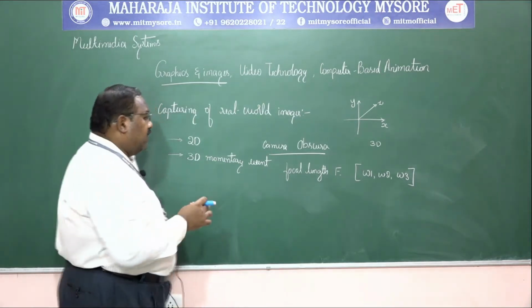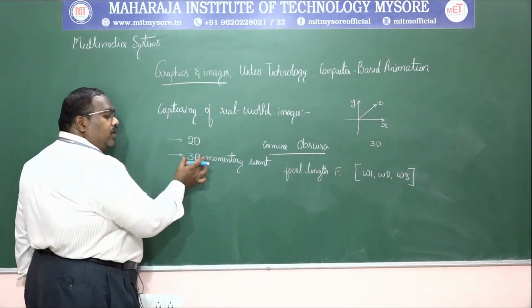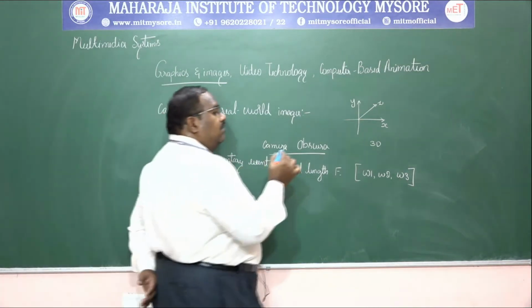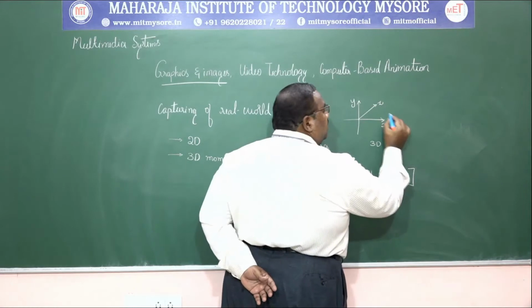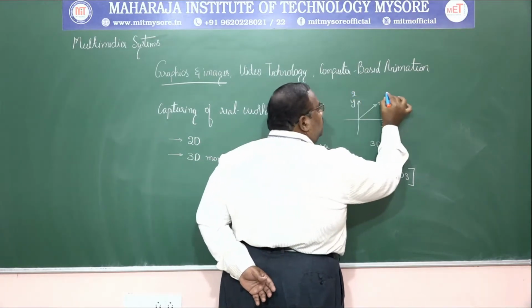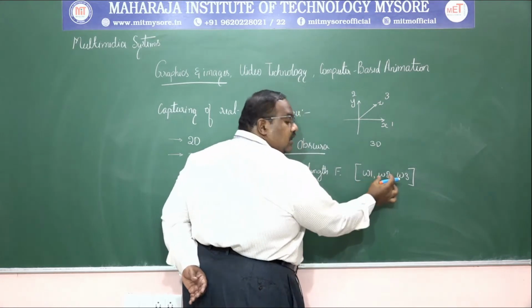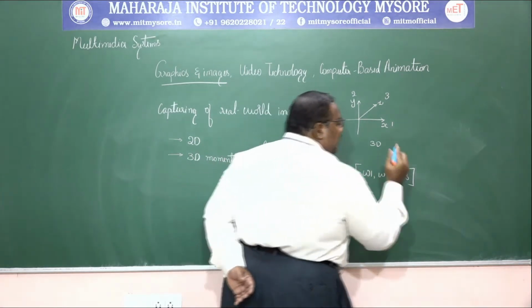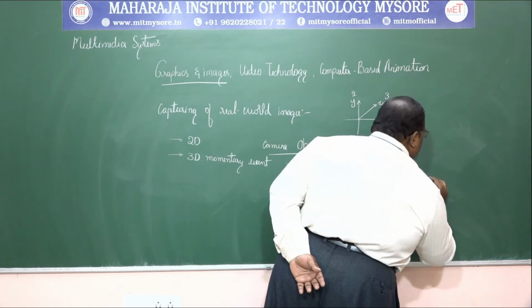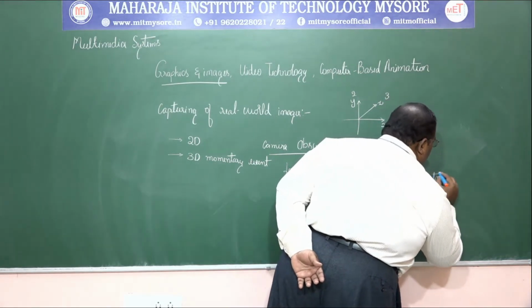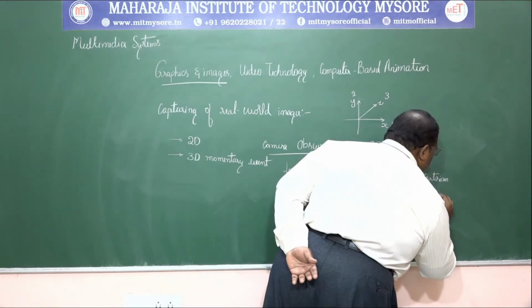We are supposed to represent the 2D object with respect to a momentary event, that is 3D. That's why we have three coordinates, that is the 1, the 2 and the 3. So that's why we represent them as W1, W2 and W3. We call it Cartesian coordinates.